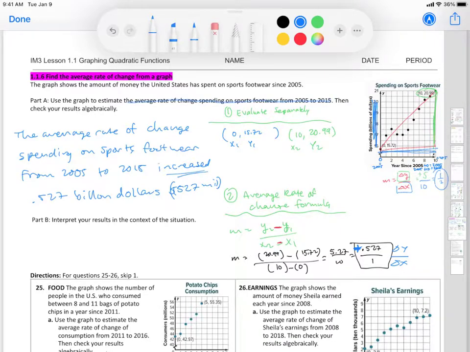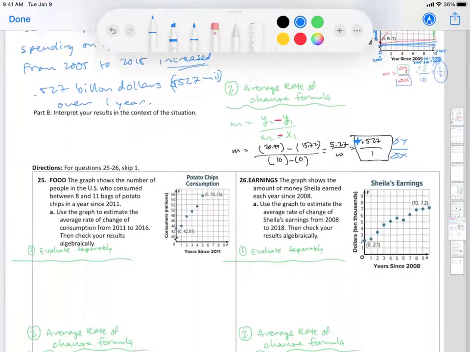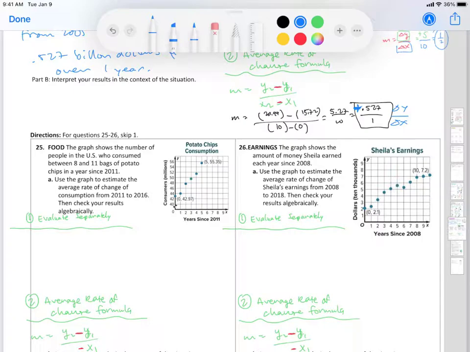Now our fraction, we did say over 1, so the change of x there is in years. So the x-axis is years, so I'm going to say over 1 year. That was part B.